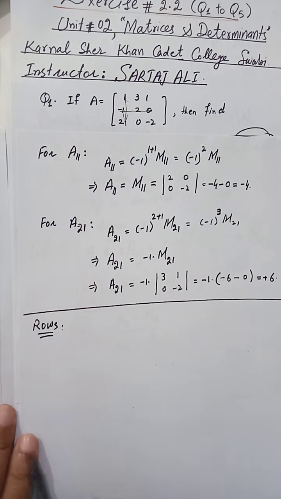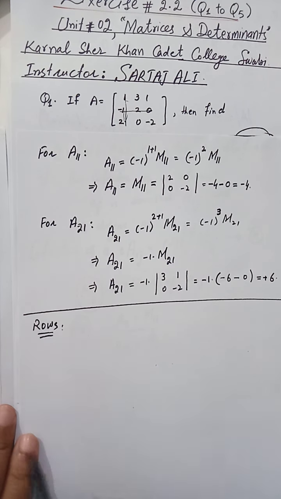This is the general formula for the determinant of 3 by 3 matrices, and this formula says that you are using the rows.